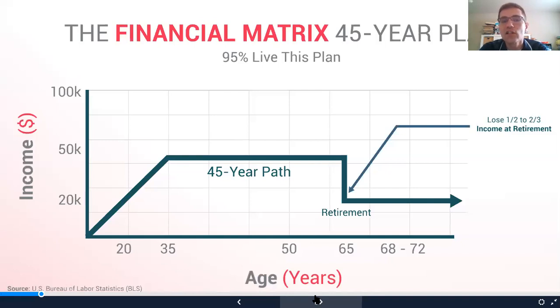And then eventually we hit a plateau, and maybe we get a little percentage increase for inflation or that kind of thing, but pretty much it doesn't keep up with inflation, and we plateau for the next 30 years, eventually having to retire on 1/2 to 1/3 of the income. So you're losing half to 2/3 of your income at retirement. That is 95% of the people in America, in Canada, North America. We're really talking North America. 95% of the people live on this plan, and that's a big problem.